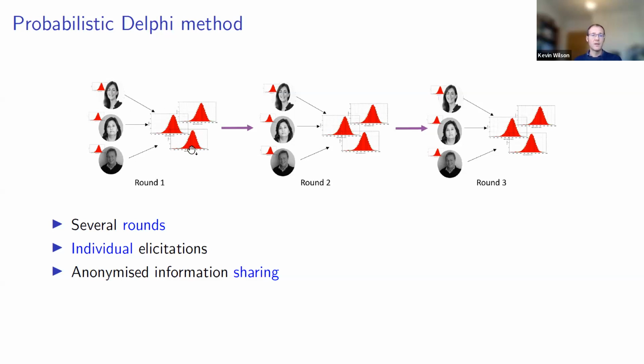And then you would share all of the elicited values from each of the individual experts, anonymized, alongside the anonymized rationales associated with each of the fitted distributions, with all of the experts, and ask the experts to reconsider, to have another think about their judgments. Then you do another round of individual judgments, collect them together again, share the anonymized versions, and perhaps even have a third round as well.